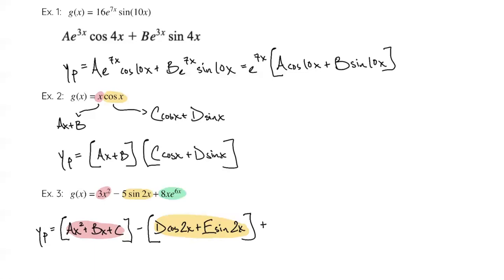Now, if you wanted to use the same letter, it would be okay to do C sub 1, x squared, plus C sub 2, x, plus C sub 3, plus C sub 4, sine of 2x, or something like that. So if you want to use subscripts instead of different letters, you're welcome to do that. Okay, thank you. You're welcome.